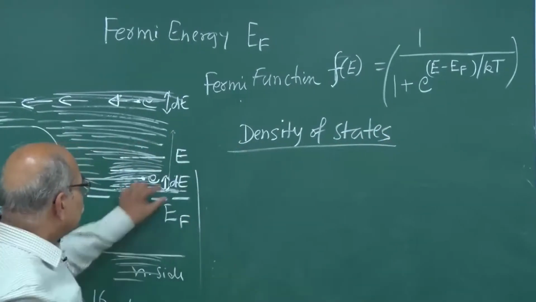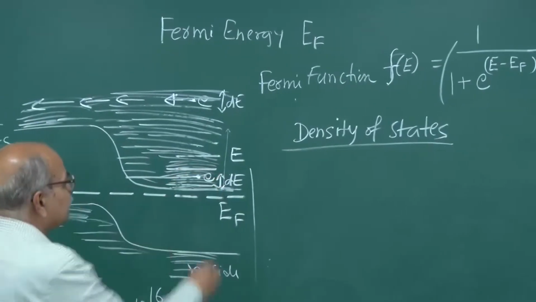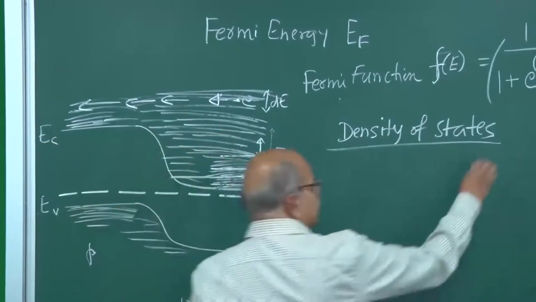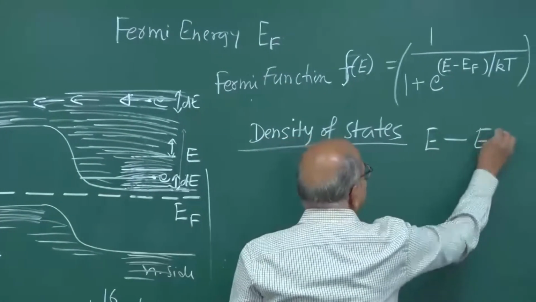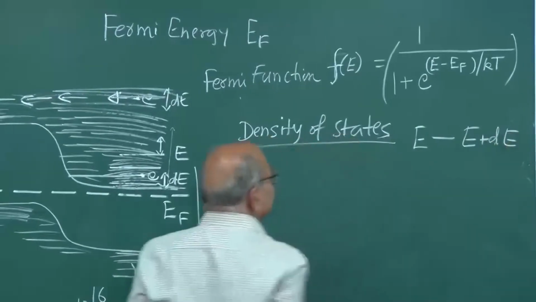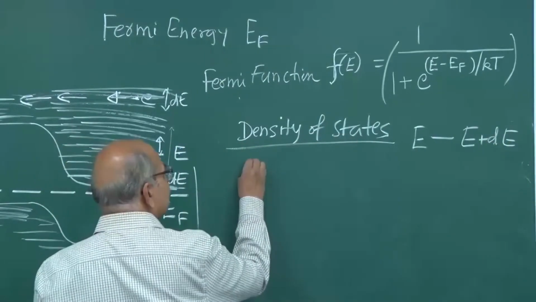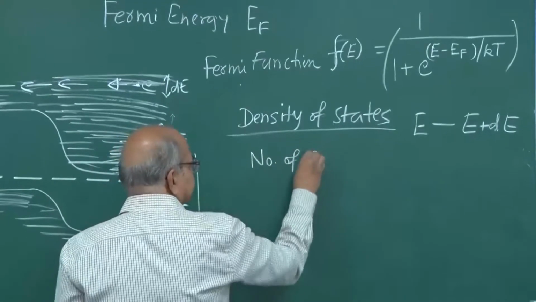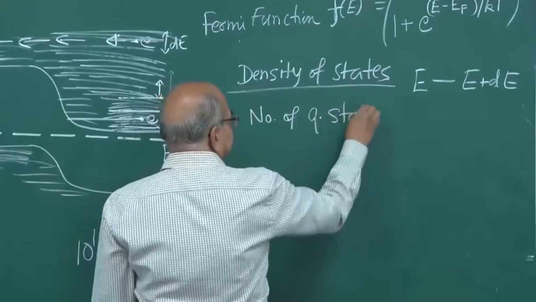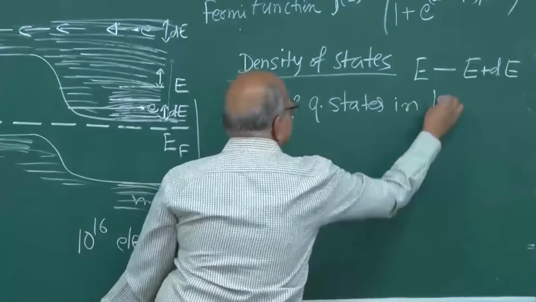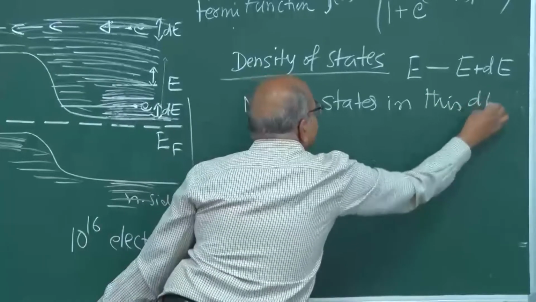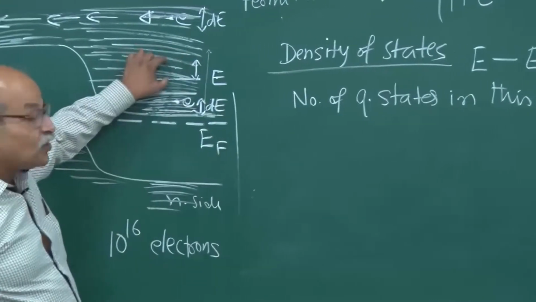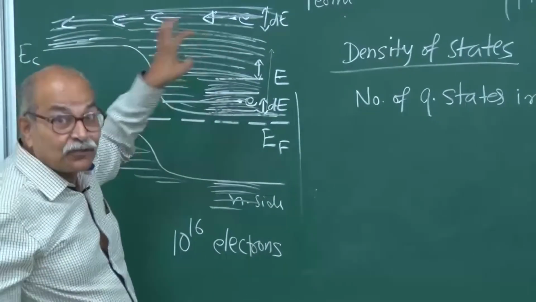What is this? You take some band, some energy width dE, from E to E plus dE. Consider this and ask the question: how many quantum states are there in this dE? Not electrons, but quantum states, occupied or not occupied.